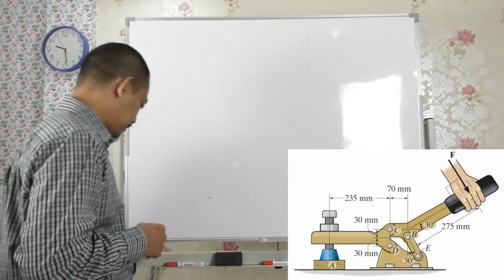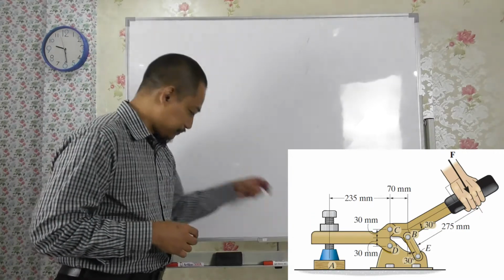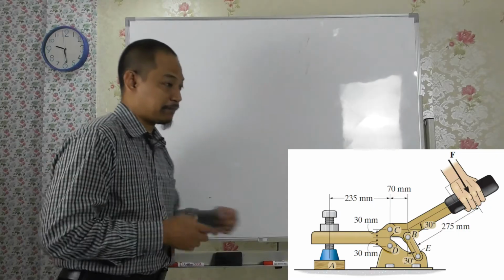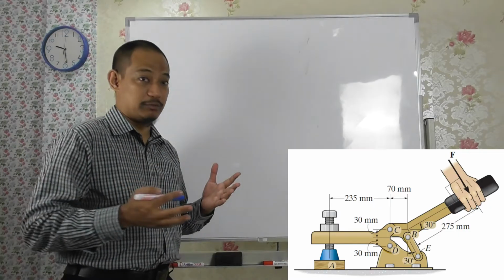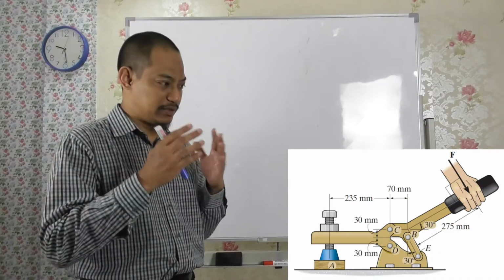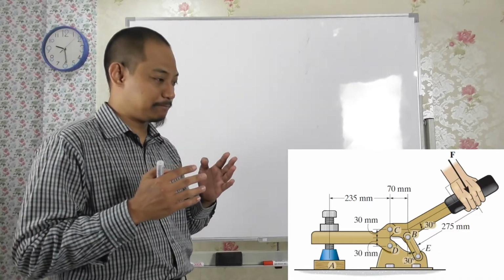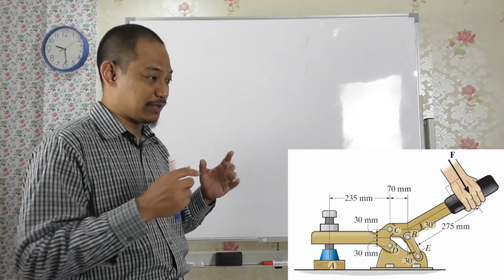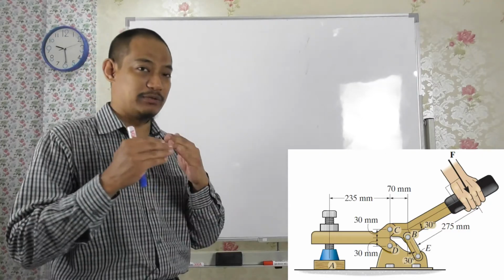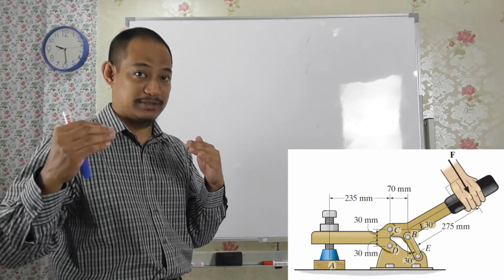So moving on for this question, first you have to draw the free body diagram. So you have to identify the different bodies that you can consider, right? Because normally when you have pins, you just detach the pins, right?